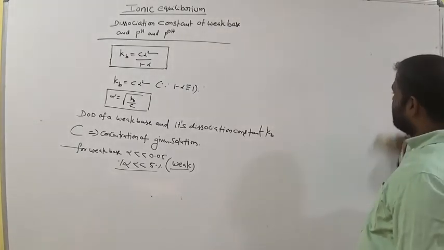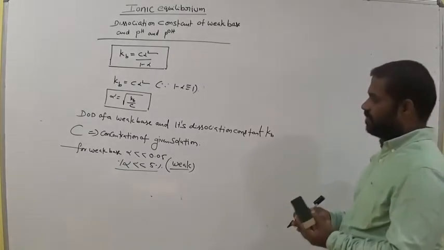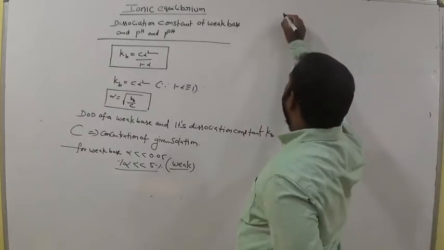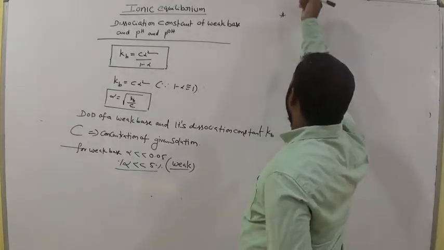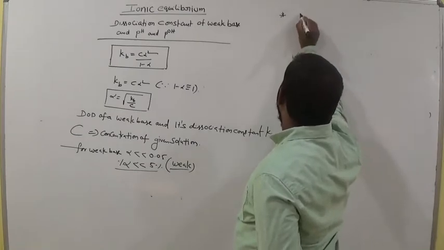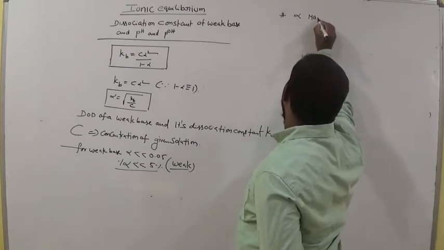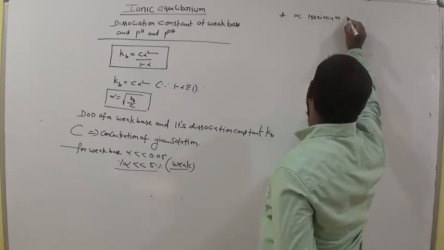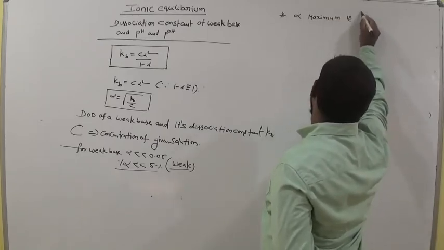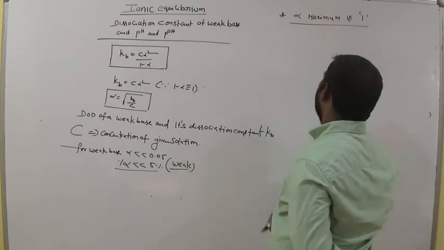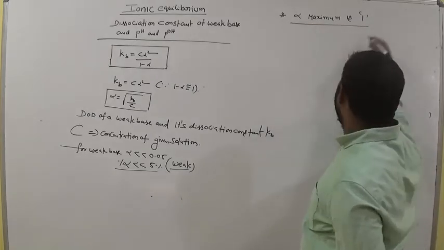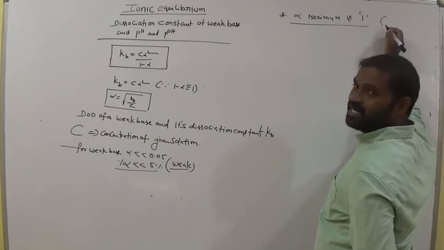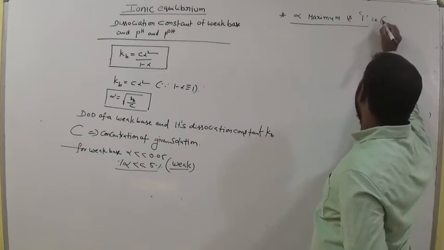So the formulas are very important. Finally, alpha maximum is 1. What is the maximum value of alpha? 1, that means 100% when multiplied by 100.